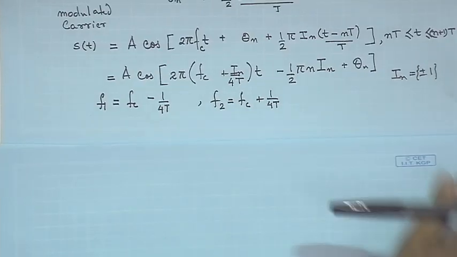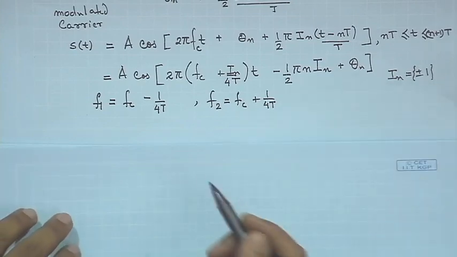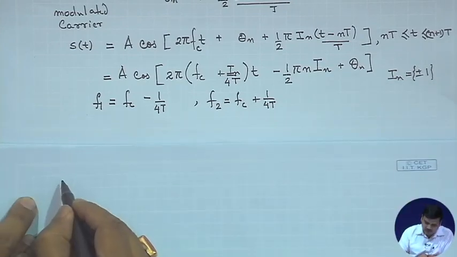So, moving forward with this expression that we have just generated, what we could write is that we have two signals.